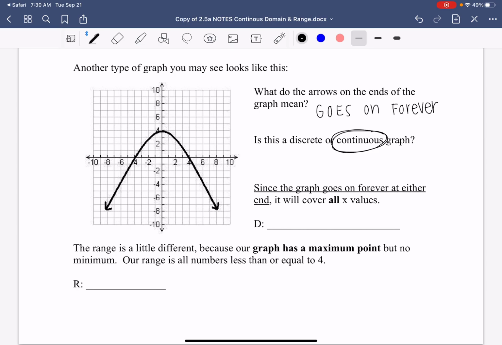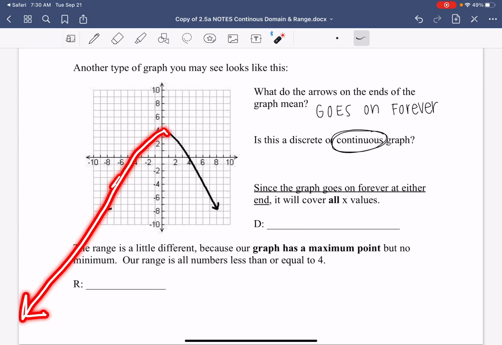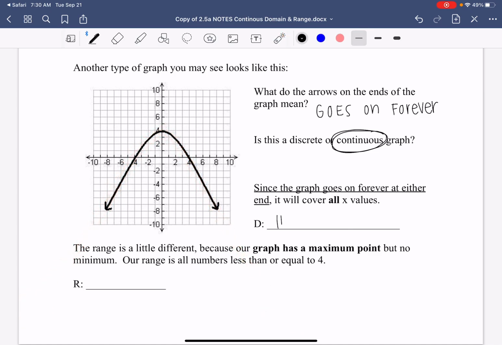So notice how the graph will keep going to the left forever. And it'll keep going to the right forever. So the domain of this one is all real numbers, because our domain just keeps going to the left and it keeps going to the right.